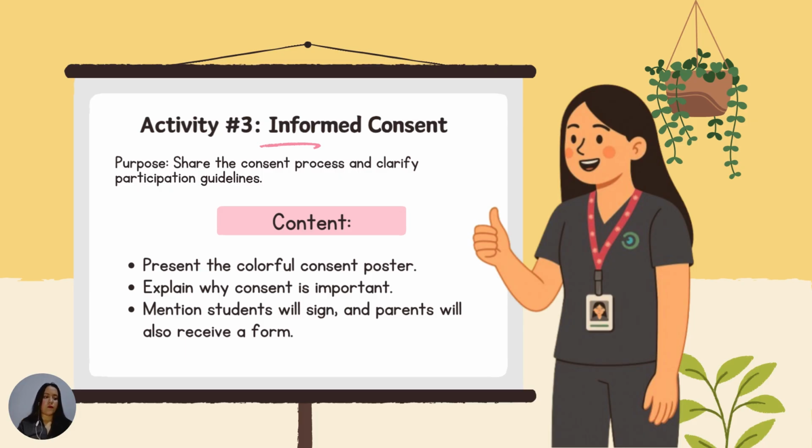So for this, we present a poster for them so they can know their rights, why they are there, the importance of participate, and we are using a colorful poster.